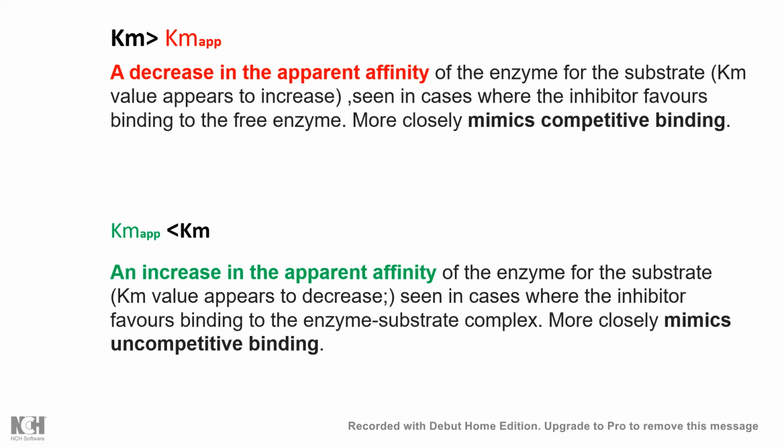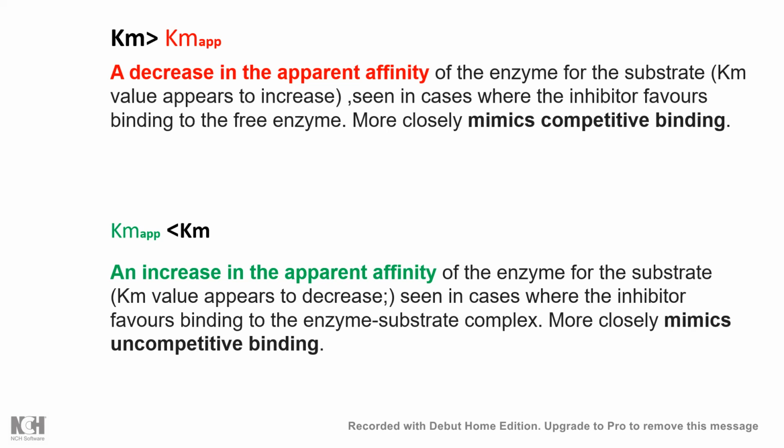Now there could be two types of change in Km. Either the Km could be greater than the apparent Km, or the Km might be lesser, and both are possible for this kind of inhibition. If the Km is greater than the apparent Km, it more closely mimics competitive binding.